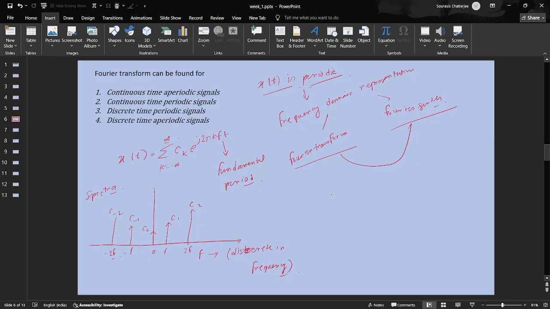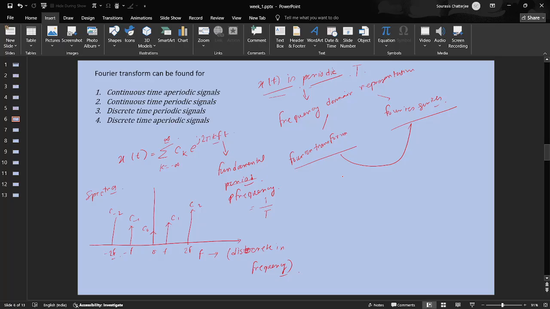One thing I am having trouble understanding: x(t) is periodic with fundamental time period T, and I get that the fundamental frequency is 1 over T, which we denote as f. But what are these terms?